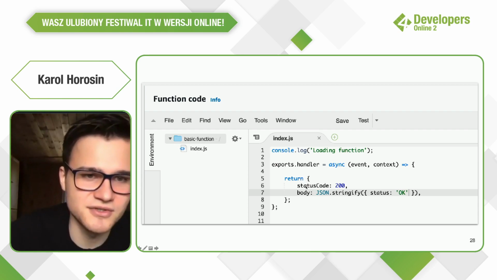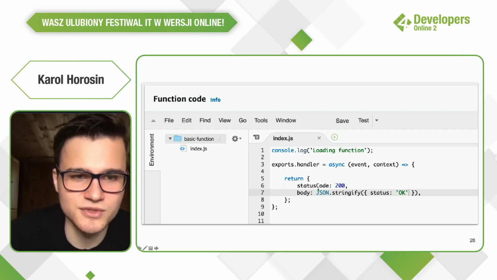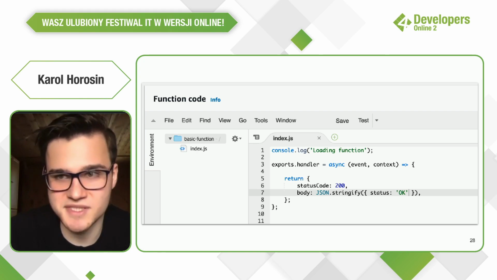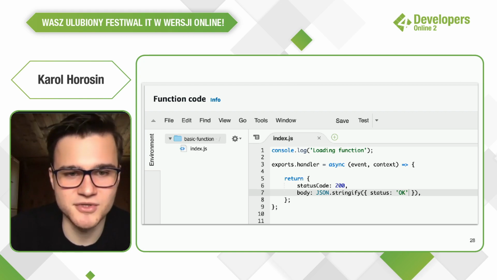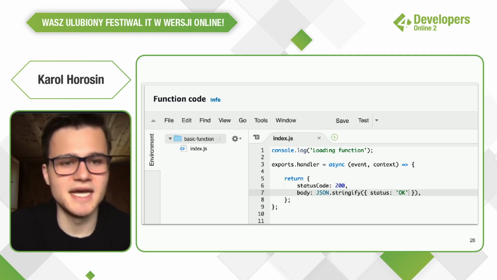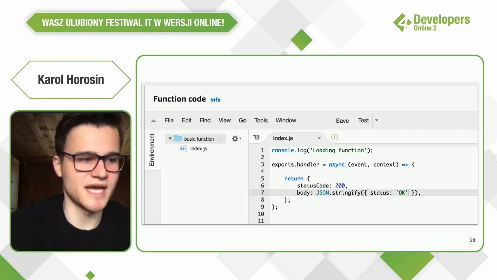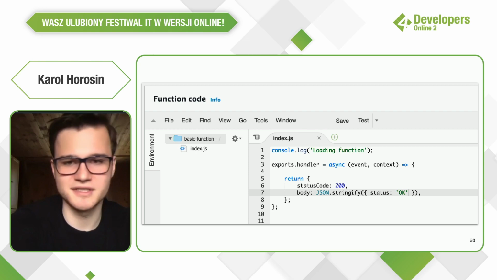So here you can see that the correct Lambda would return an object with a status code. You can specify whatever you want. Here we have a proper response, so it's 200, and the body is just status OK. So, you know, not much here, but that's what you need.